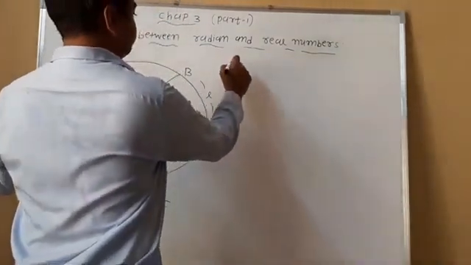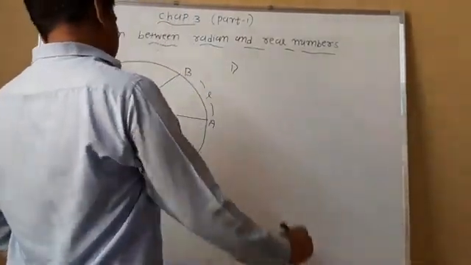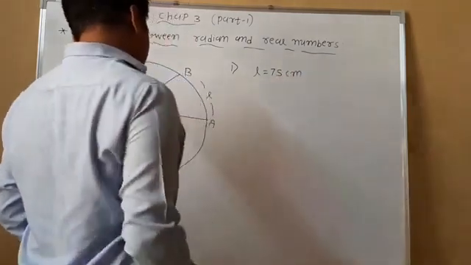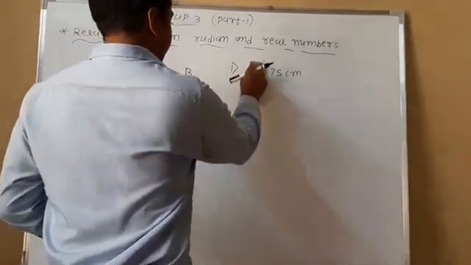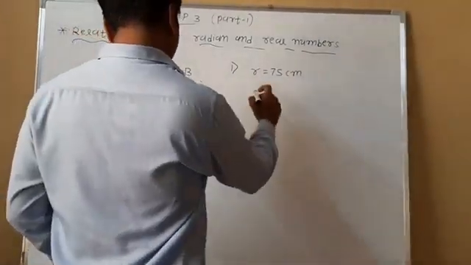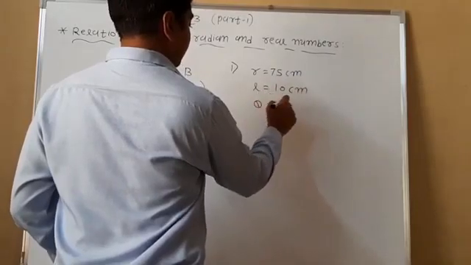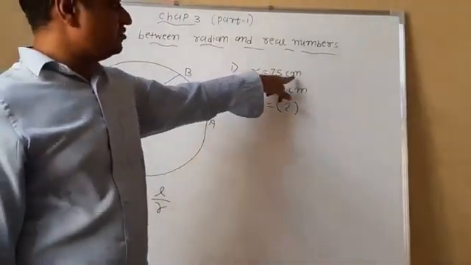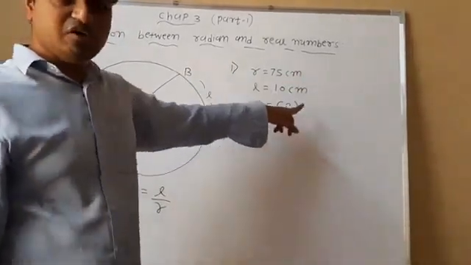First example: find the angle in radians through which the pendulum swings if the length of the arc L is given as 10 centimeter. Here the radius is given, R is equal to 75 centimeter, and the arc length L is equal to 10 centimeter. Our question is to find the angle, that means find theta.